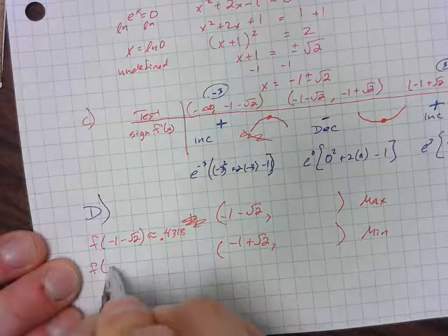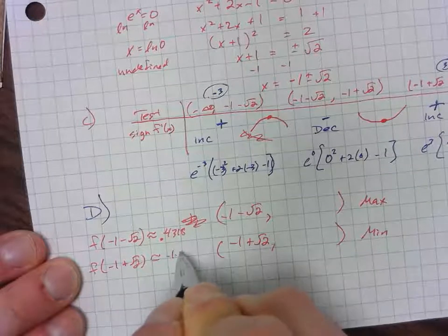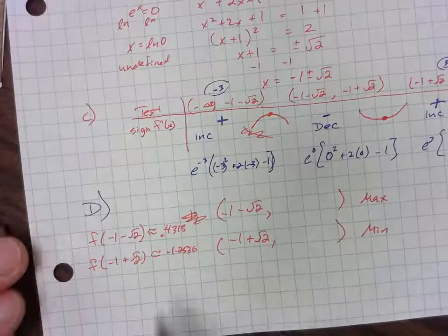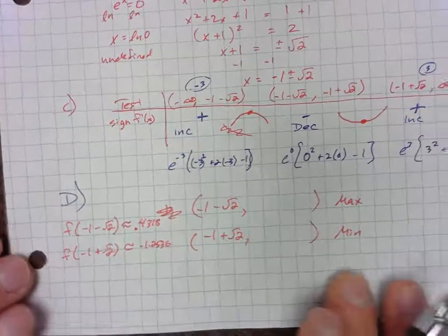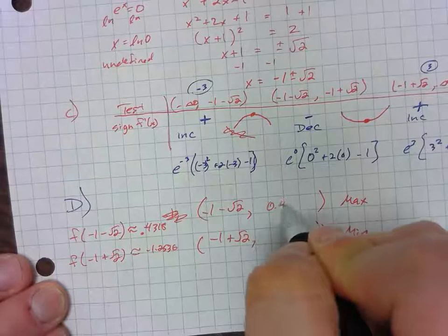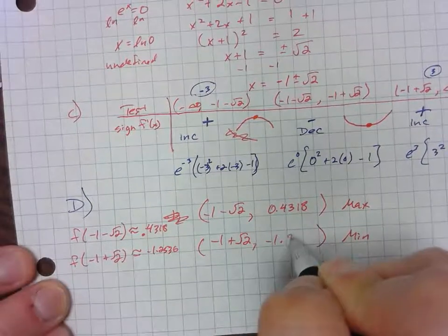And f of negative 1 plus root 2 is approximately negative 1.2536. So you could find that just by plugging it into the original function. So then that's what goes in here, 0.4318 and negative 1.2536.